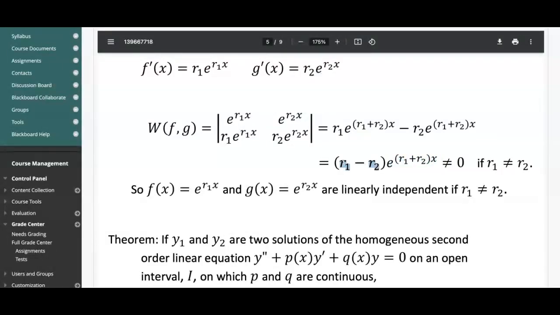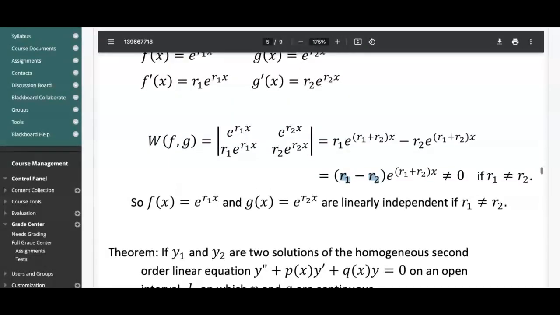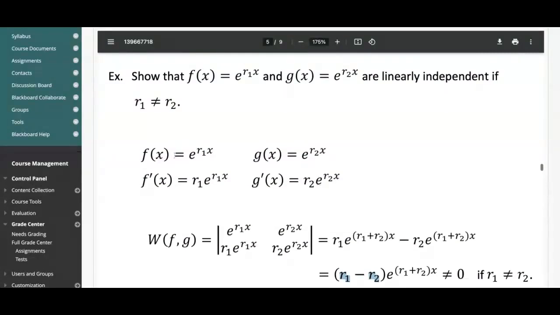So we have r1 minus r2. If this is 0, that means r1 equals r2. But we're given r1 not equal to r2. So the Wronskian will never be 0. Because the Wronskian is not 0, those two functions, f and g, are linearly independent.